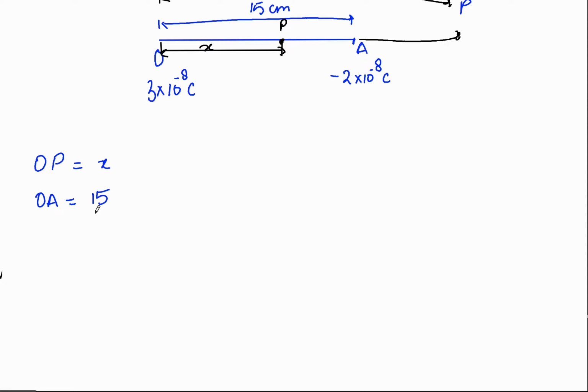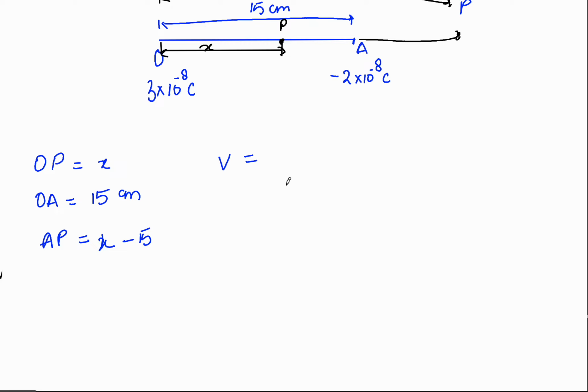Or let's say this distance A into AP, now what will be this distance? This distance will be x minus 15, isn't it?